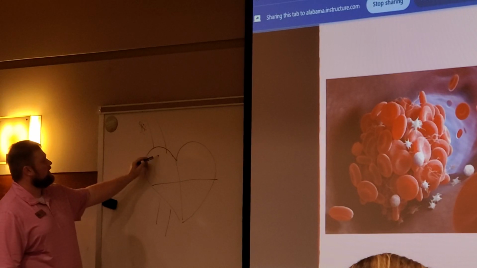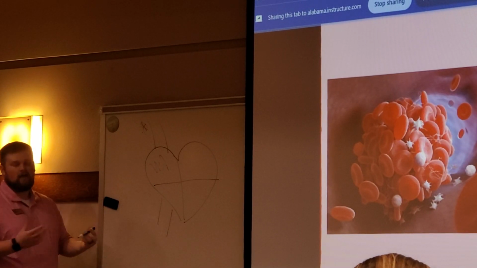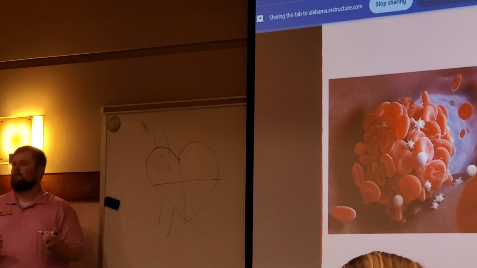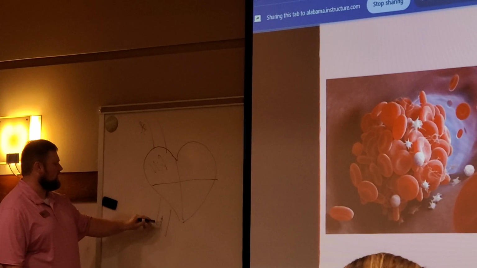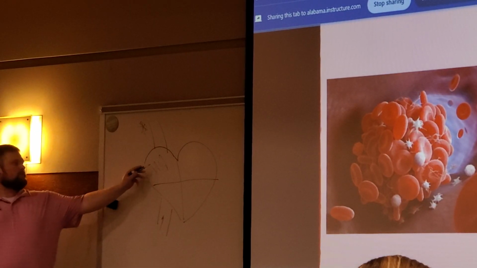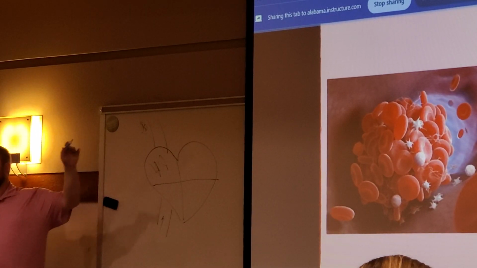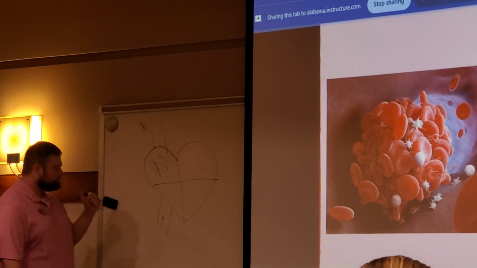That's dumping blood into our right atrium right here, okay? From the upper half, really, of our body. Then we also have the inferior vena cava, which is in the lower half, collecting all the blood from the lower half of our body and dumping it into the right atrium, so it can circulate back through the chambers of the heart, okay?